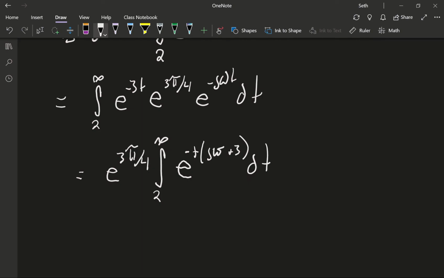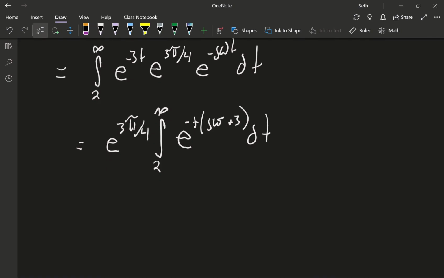Okay, so now this is an easy integral to evaluate. You should know this. Pi over 4, minus j omega plus 3.